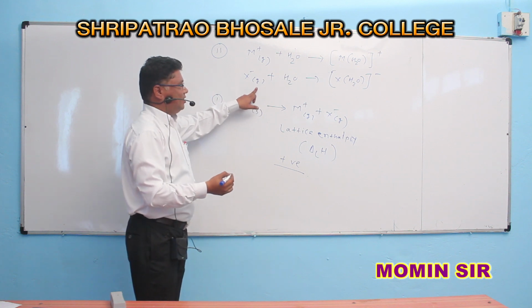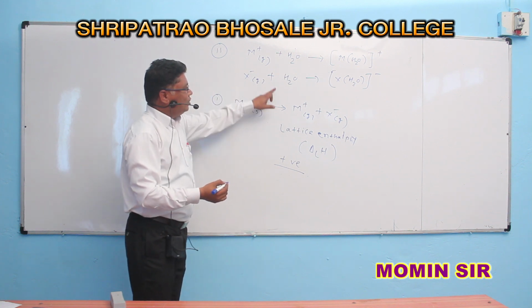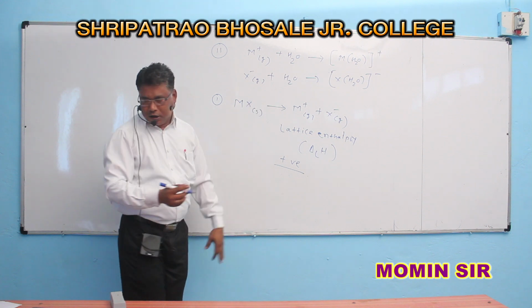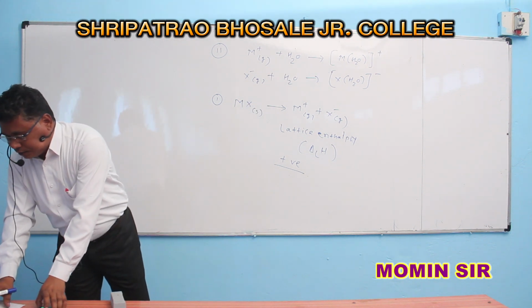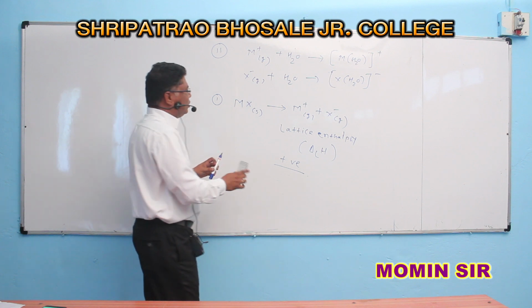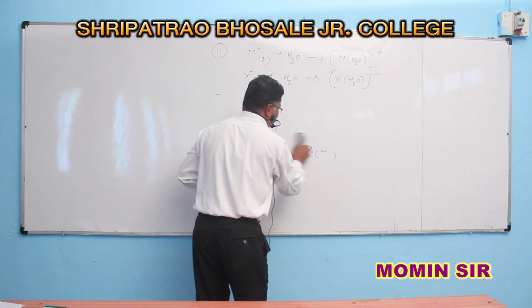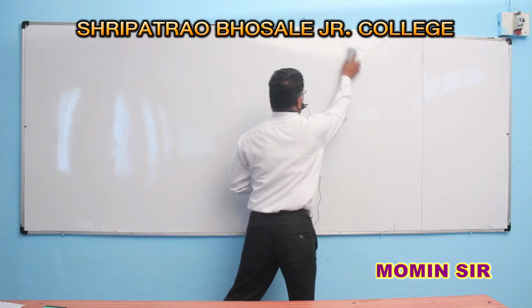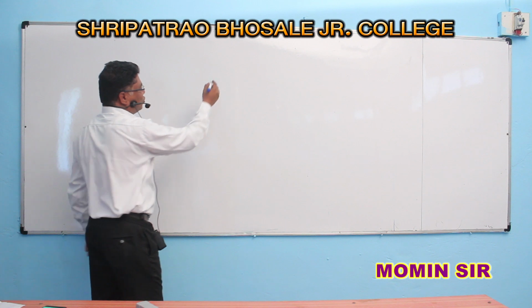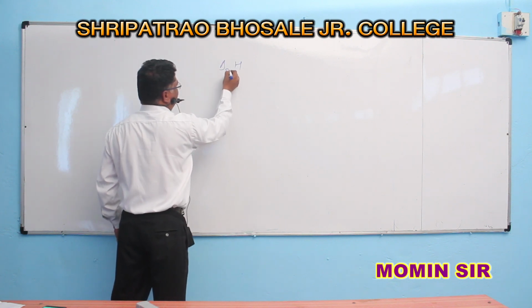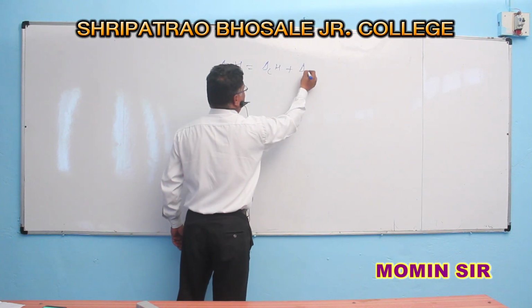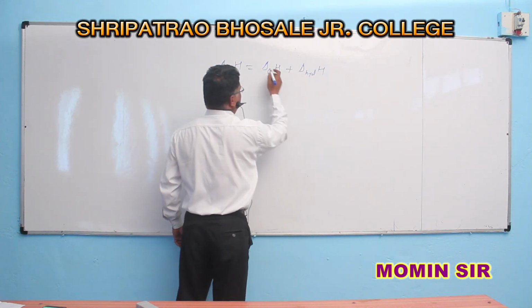This is the second step in which ions are hydrated, and this is called hydration enthalpy. So the enthalpy of solution, delta H solution, is equal to lattice enthalpy plus enthalpy of hydration.